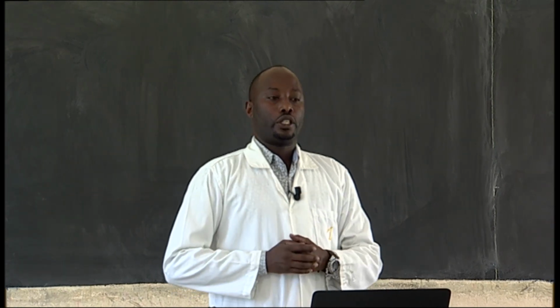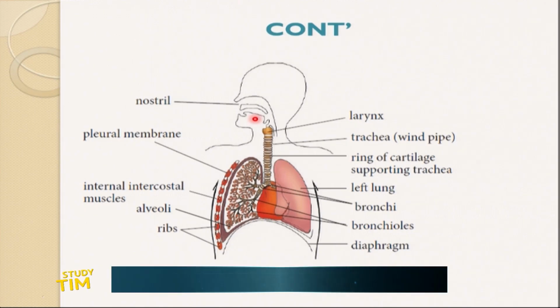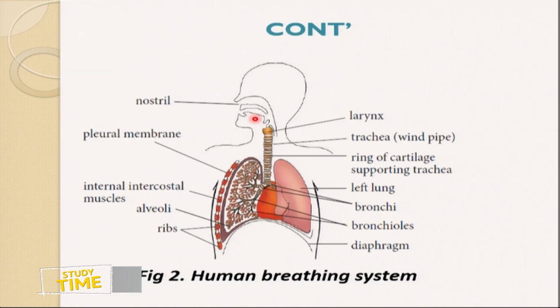Let's see the structure of the human breathing system. We have a very good diagram that illustrates the human breathing system. All right? Let's go through the diagram. We have the nostril. We have the pleural membrane. We have the larynx.